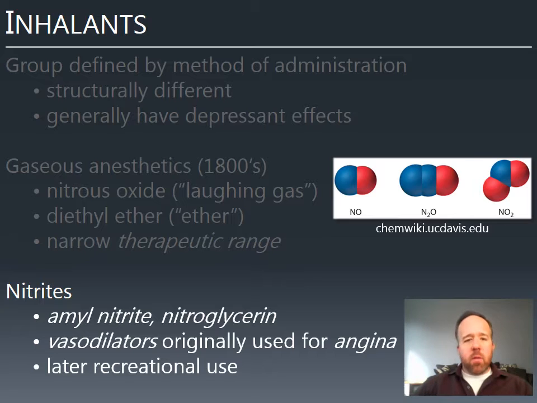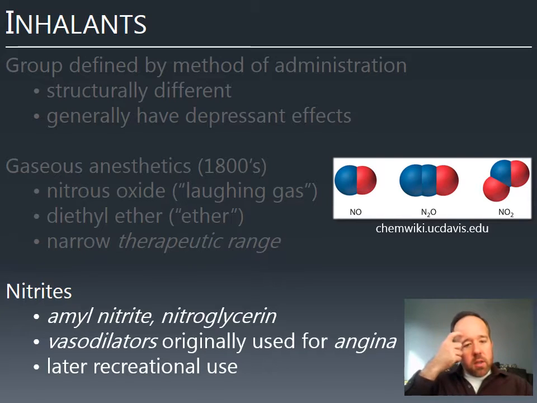These tend to have very short-term effects, but they tend to induce a kind of euphoria, and they're also, by some people, thought to enhance sexual pleasure. So recreationally, that's the context they're used in.